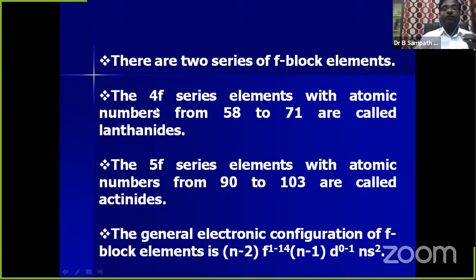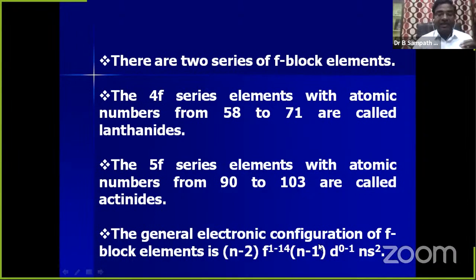The 4f series elements with atomic numbers from 58 to 71, from cerium to lutetium, are called lanthanides. Next, the 5f series elements with atomic numbers from 90 to 103 are called actinides. So there are two series of f block elements in the periodic table: the 4f series lanthanides and the 5f series actinides.